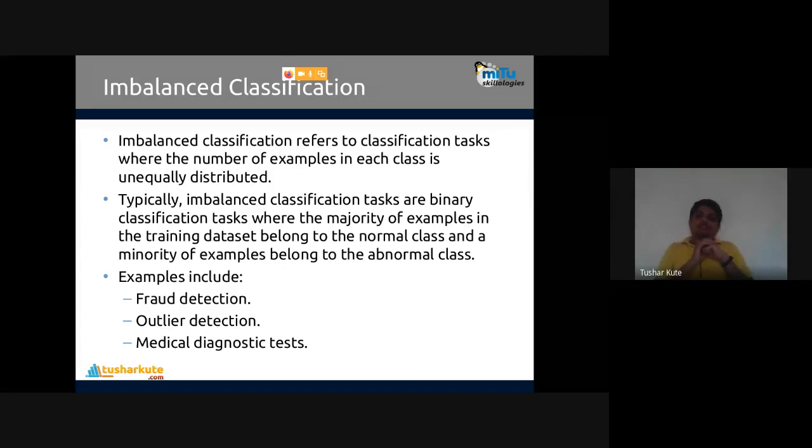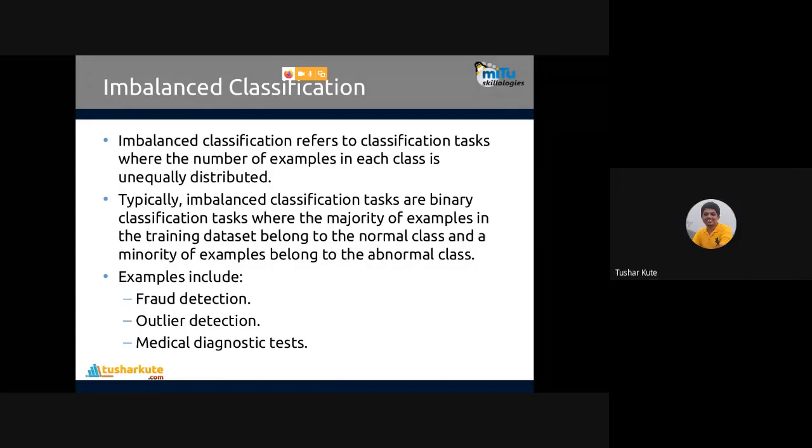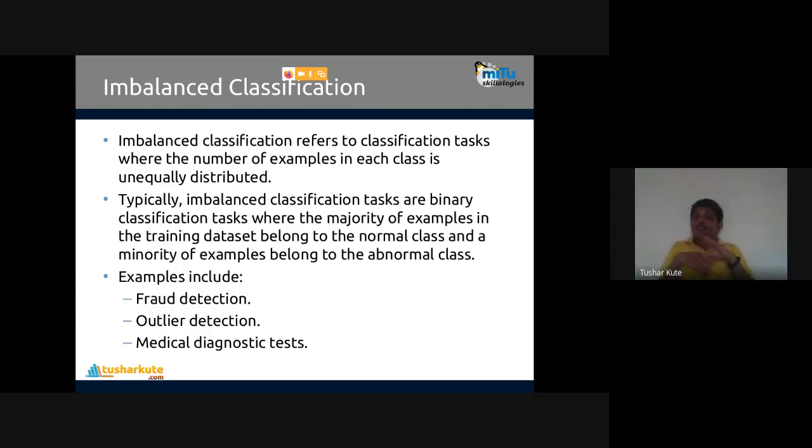And I want to build a classifier. See, it's a complete imbalance. 0.3% of the data set is of one class and 99.7% belongs to the other class. This kind of concept is called imbalanced classification. So fraud detection is the best example of it.